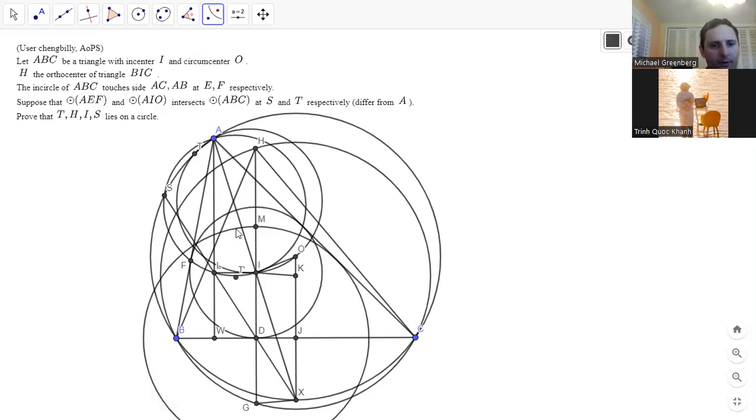Okay. Yeah, I'm not sure where T goes. S. Where would the whole circle go?